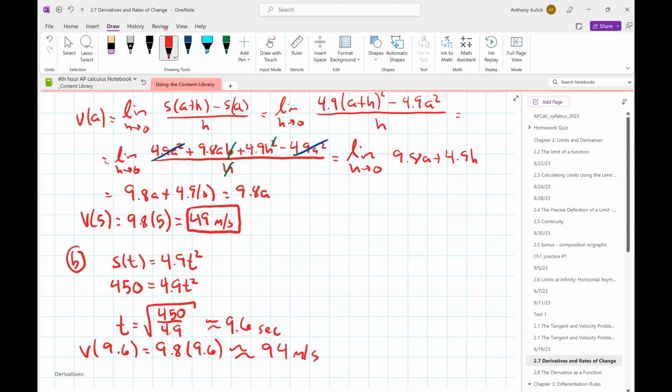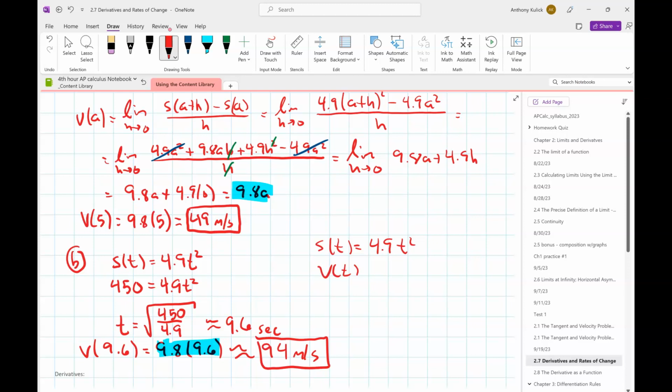So just plug it back into that velocity function that we got from before, right? So I'm just using this, where a is 9.6. No, so the position function, S of t, is 4.9 t squared.